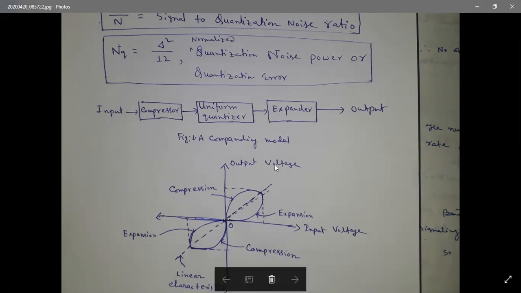That means at the receiving end the signal returns to its original nature, because compression takes place at the transmitting end and expansion at the receiving end. That is all about the graphical explanation of the companding system of PCM.